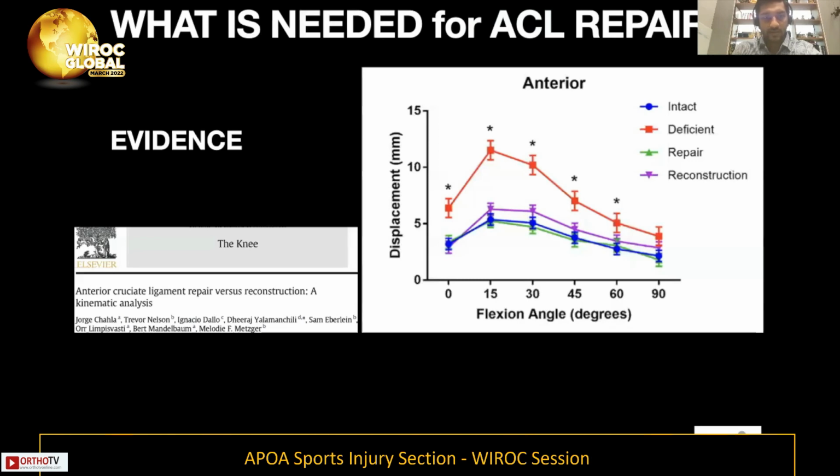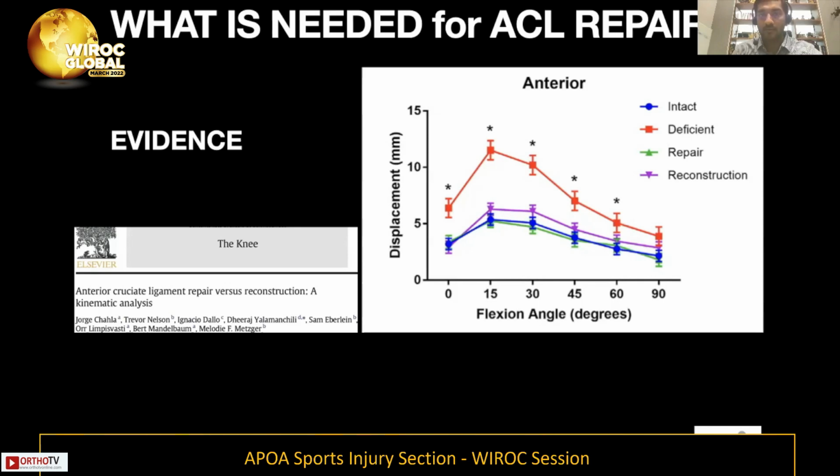So recently, there's a cadaveric study published by Jorge Chahala and his group that talks about a kinematic analysis of anterior cruciate ligament repair versus a reconstruction. And the graph is pretty much self-explanatory, that if you see between 15 and 30 degrees, there is an anteroposterior displacement of around 10 mm, or just about more than 10 mm.